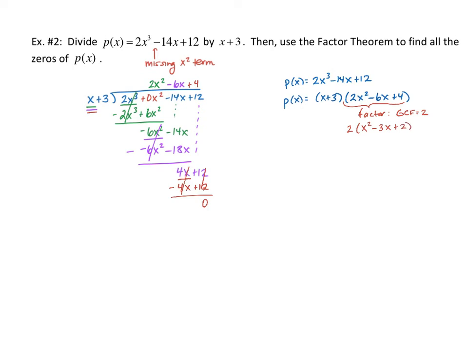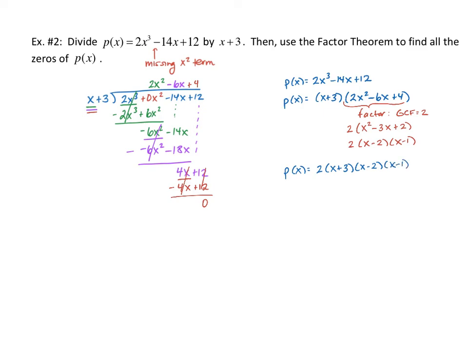And then we can factor again, thinking about two numbers that multiply to positive 2, but add to negative 3, and write this as x minus 2 times x minus 1. So if we put all that together, we found that our original polynomial p of x can be factored as 2 times x plus 3 times x minus 2 times x minus 1.